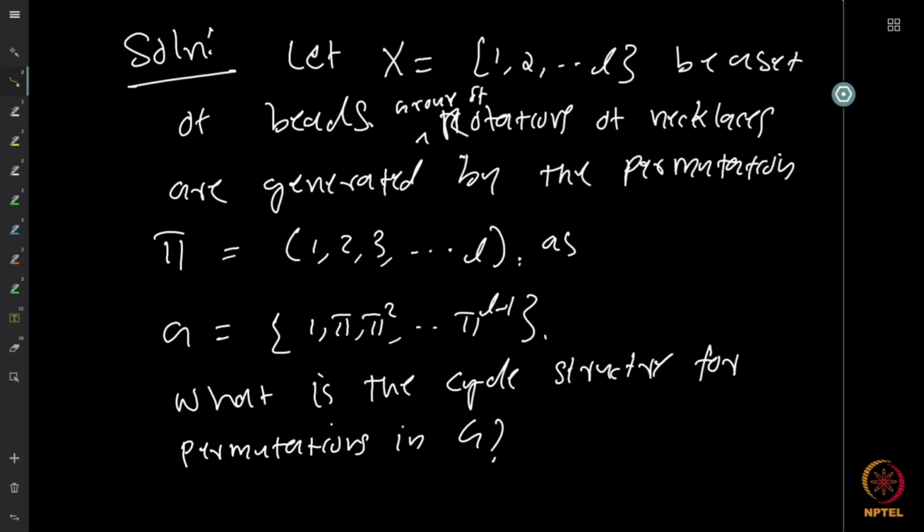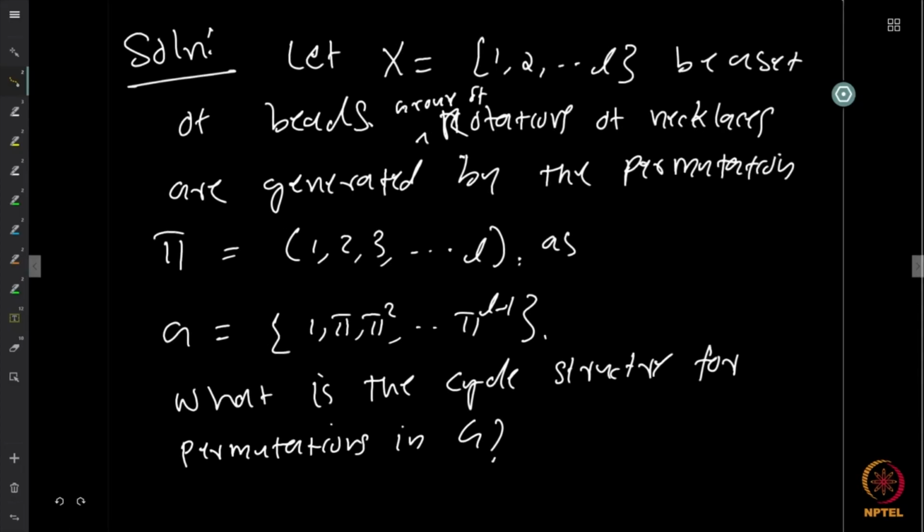So this is a very interesting example. Can you think of some nice properties of the cycle structures of the permutations in G? If you are looking at the group of rotations, what can you say about the cycle structure?